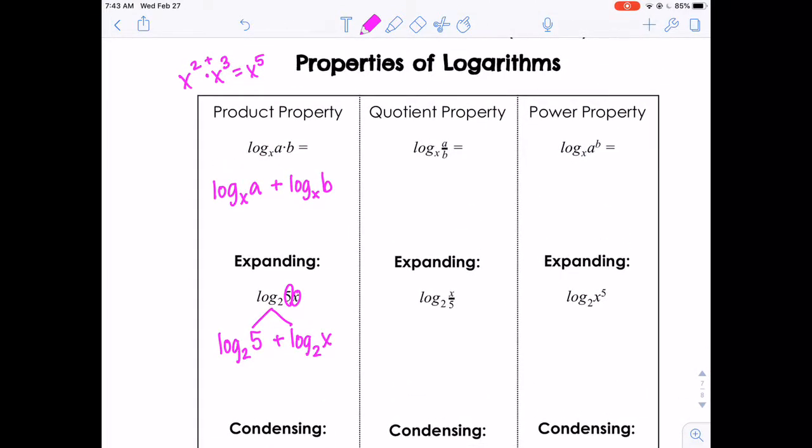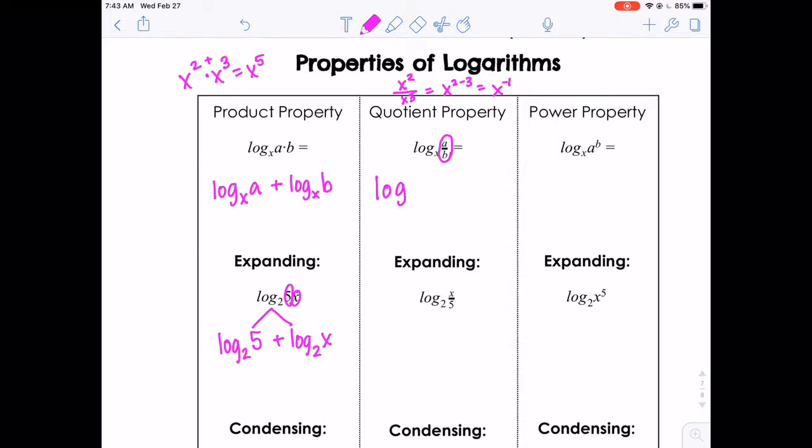The quotient property, as you might remember, if we do x squared divided by x to the third, would be the same as x to the 2 minus 3, or x to the negative 1, or x on the bottom. Since logarithms are the opposite of exponents, it's the same idea. If we see division, that means subtraction.